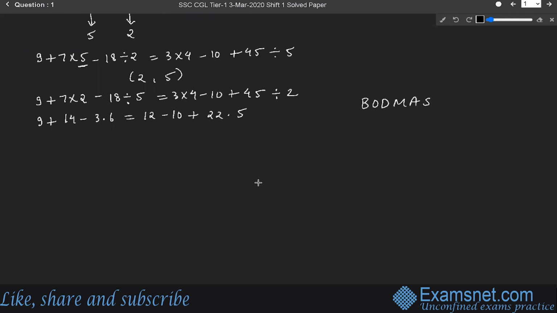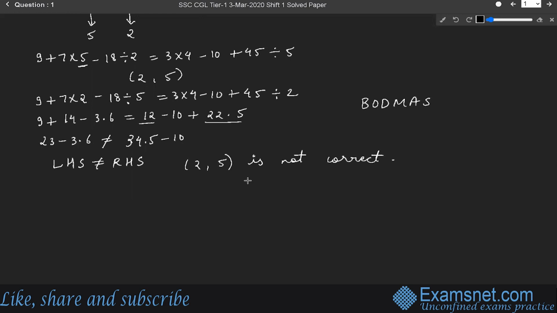So again 9 plus 14 will be 23 minus 3.6. It will be equals to 12 plus 22.5 gives 34.5 and minus 10. So it is very clear that 23 minus 3.6 will not be equal to 34.5 minus 10. So here LHS is not equal to RHS. It means that the first pair 2, 5 is not correct.